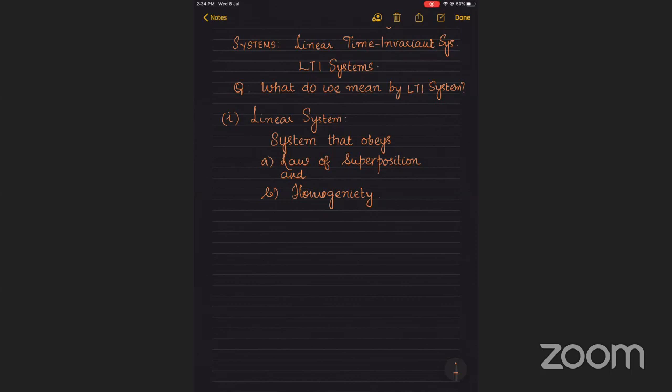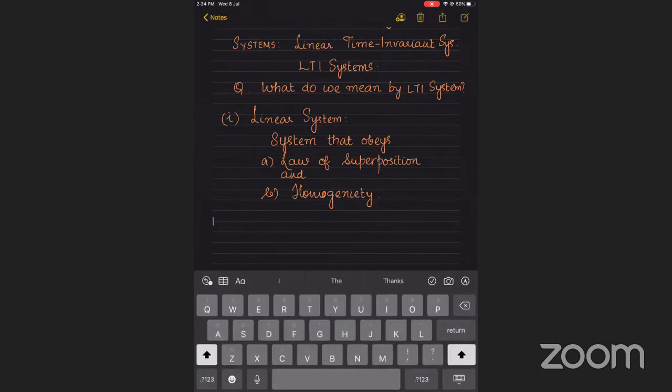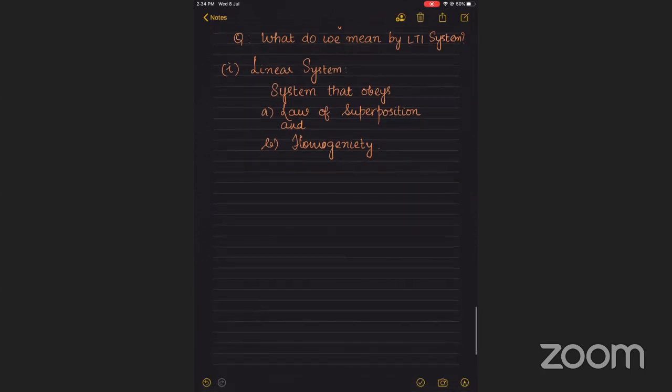But in layman's terms, how do I define a linear system? A linear system is something very interesting. A linear system is one which gives no output when there is no input.